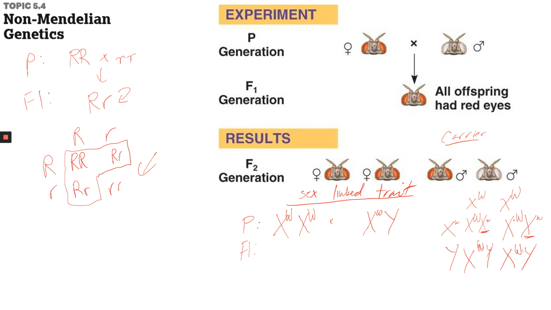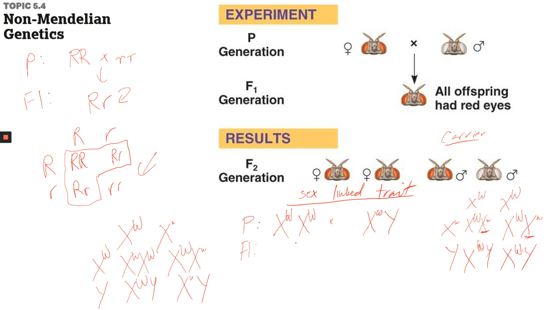Now, if we were to take these and breed them back together, we would be taking females that were X big W, X little w, and males, which are X big W and Y. We end up with X big W, X big W, X big W, X little w, then X big W, Y, and X little w, Y. And if you'll notice, let's go back.